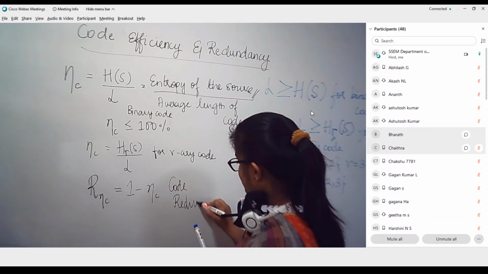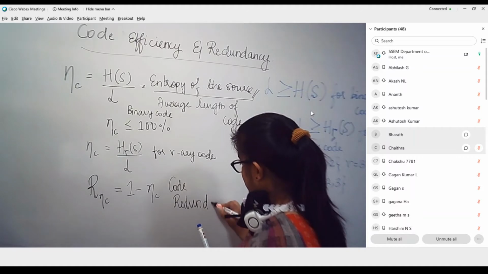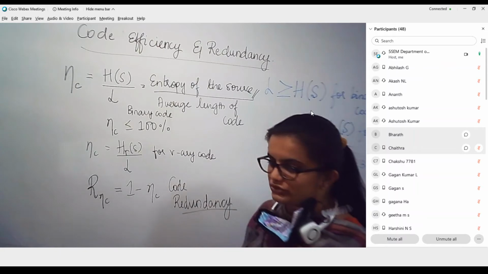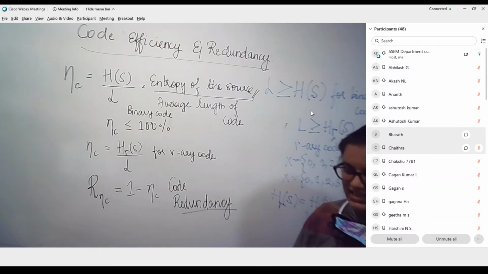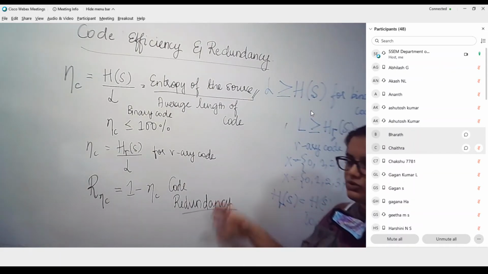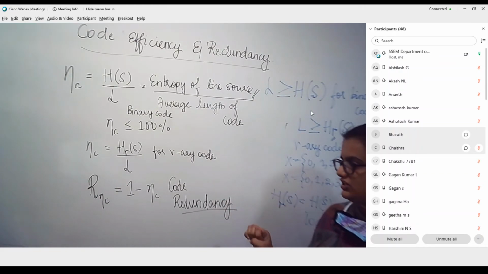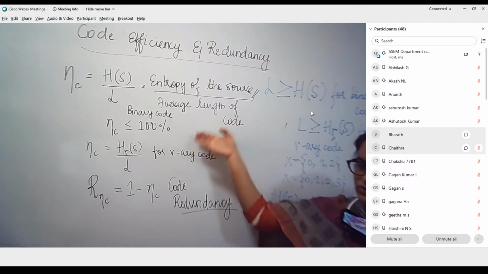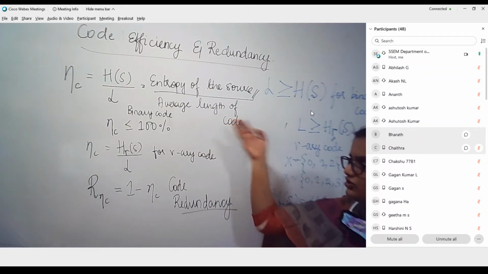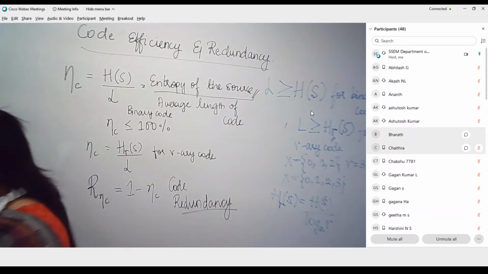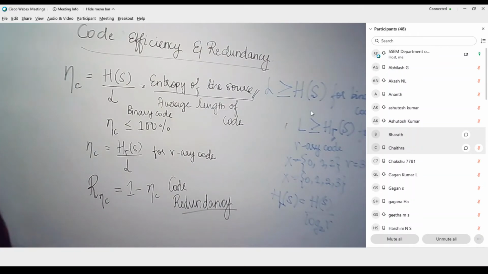That means how much redundant information is present in a given code. By looking at this code redundancy, we are going to design algorithms to reduce the amount of redundancy in the code assigned to the symbols emitted from the source, and we try to improve the average code efficiency of the given system. So these are the two main parameters that we need to look at whenever we are constructing the codes for the given source.